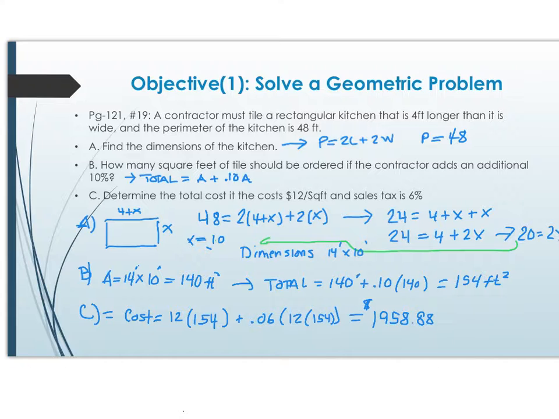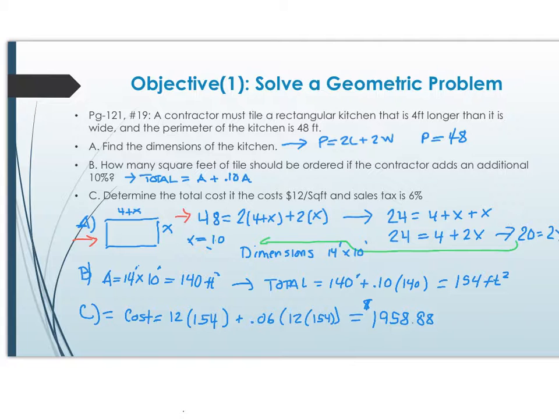So in part A, we are going to look at first drawing a picture, and we've drawn a picture. The length is 4 plus x, and the width is x, so I put that into my formula. 48 is equal to twice the length, which is x plus 4, plus 2 times x.